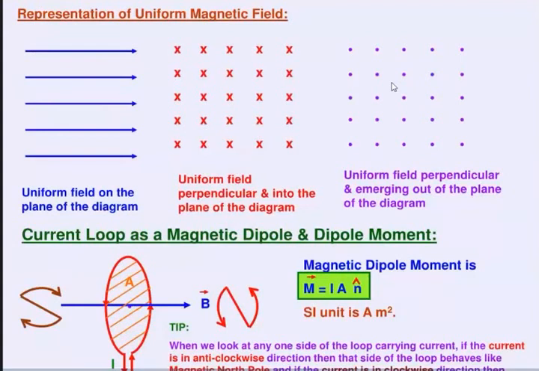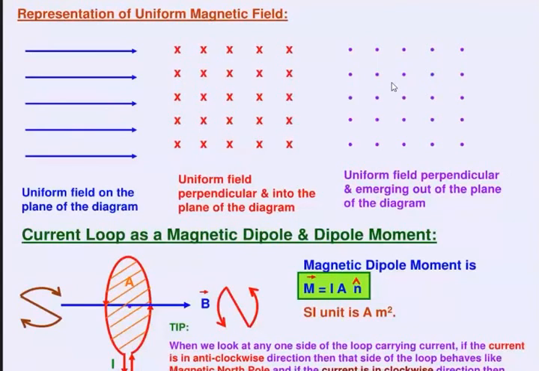So in the graphic sense, an effort is made to visualize it on the page or plane by drawing straight lines or curved lines, which are magnetic field lines.